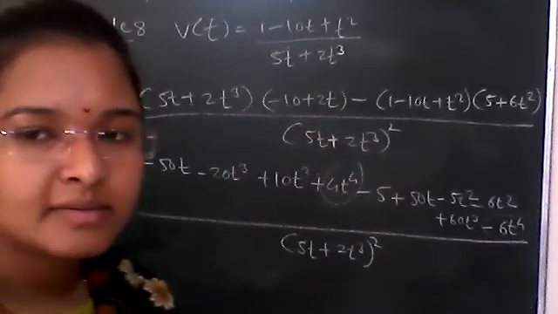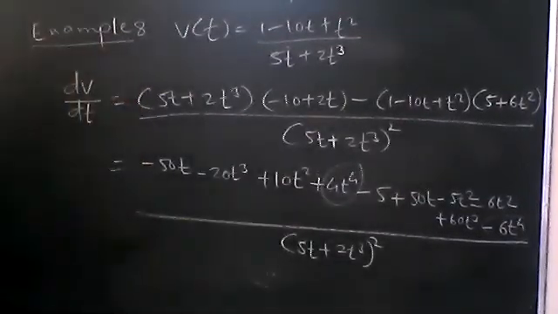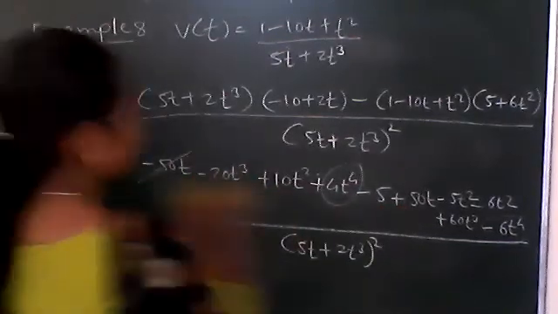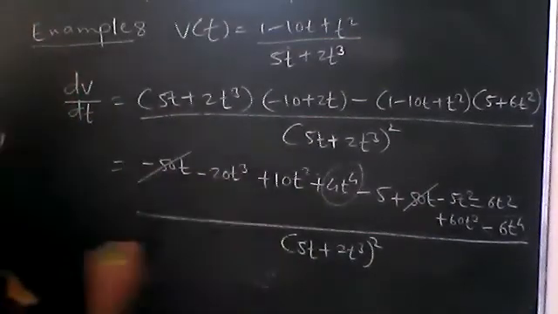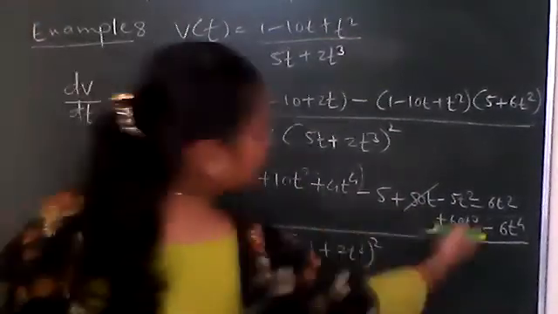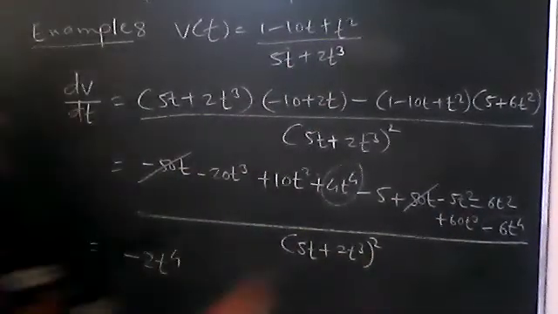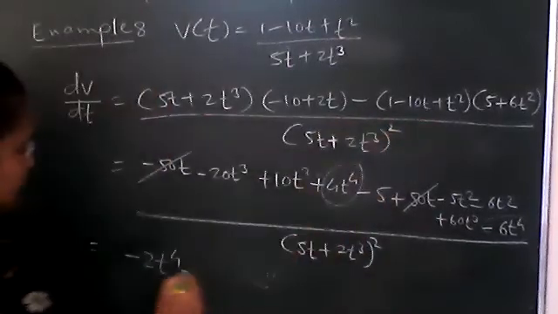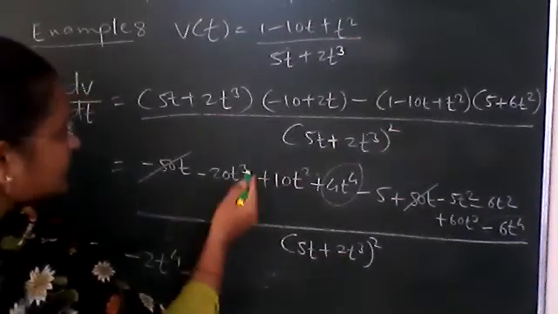Here, minus 50t and plus 50t will get cancelled. Then 4 minus 6 will be minus 2t raised to 4. Then minus 20t cube and plus 60t cube, sorry, this will be 40t cube.